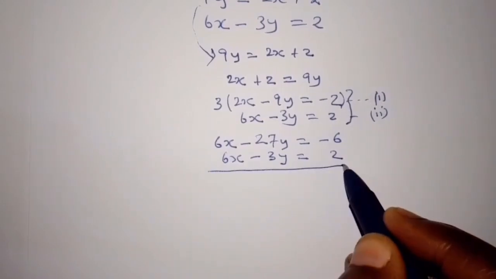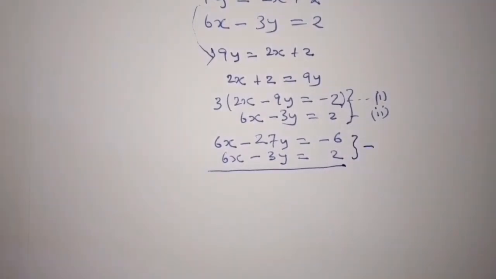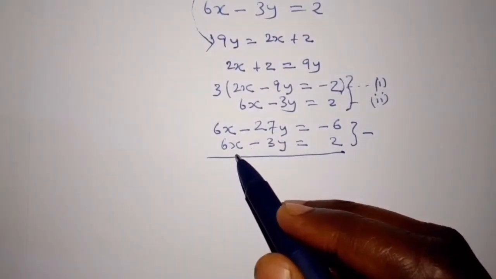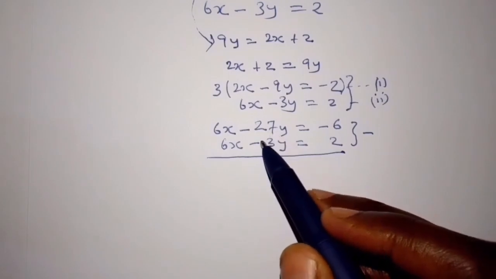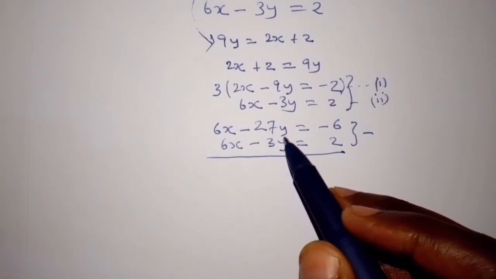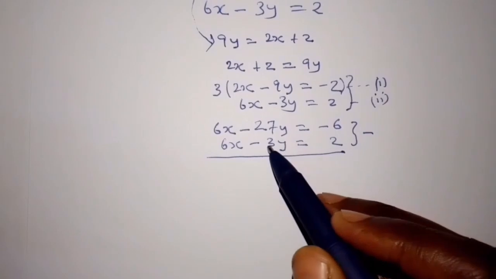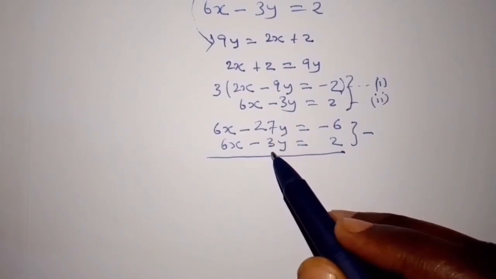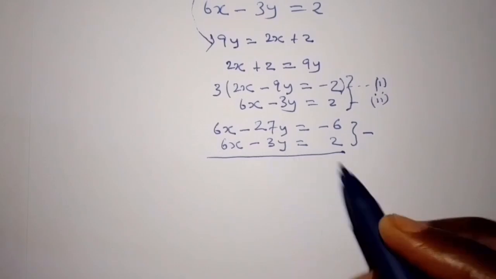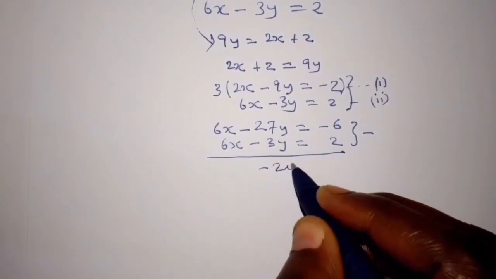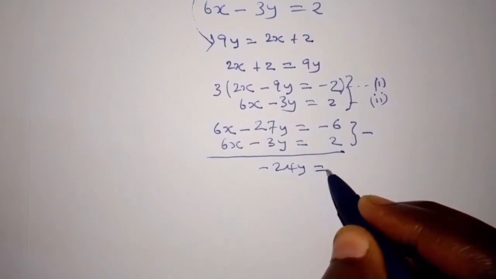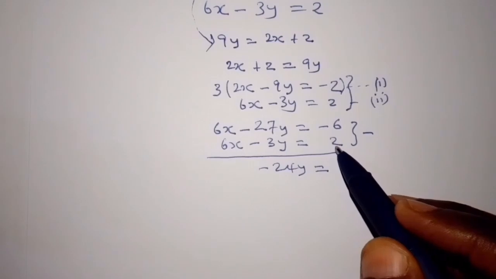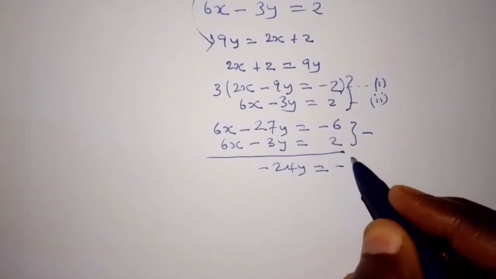Then now we subtract. 6x minus 6x is 0. Negative 27y minus negative 3y, that is negative 27y plus 3y, giving us negative 24y is equal to negative 6 minus 2, giving us negative 8.